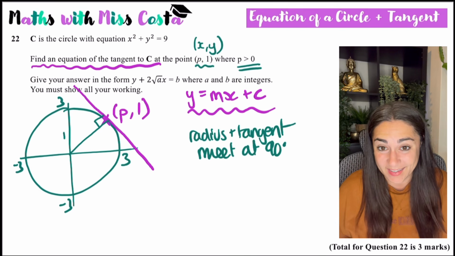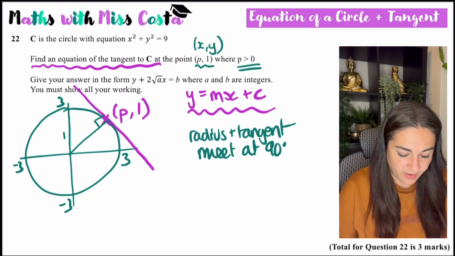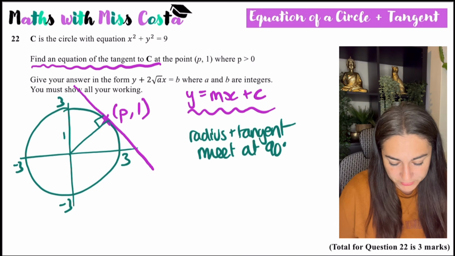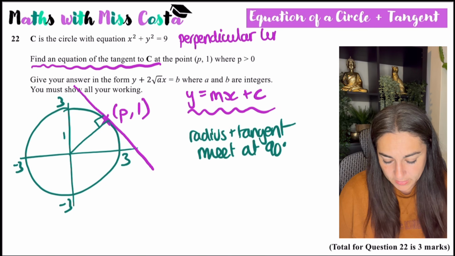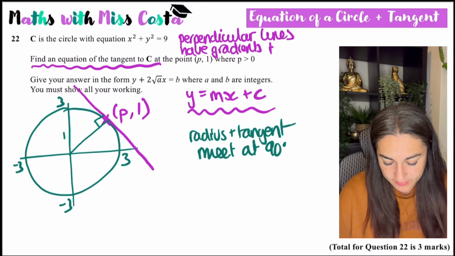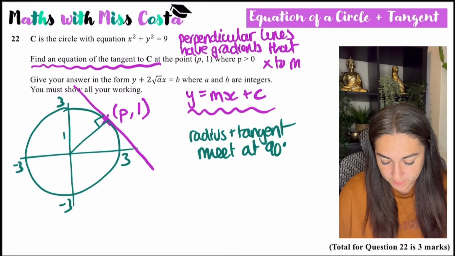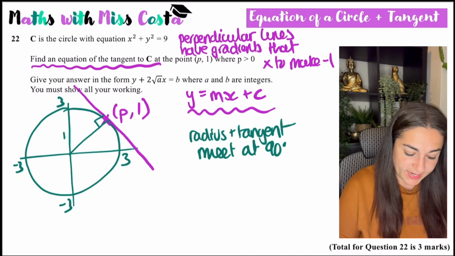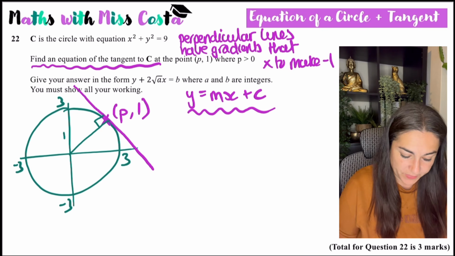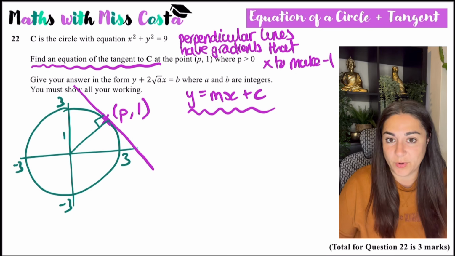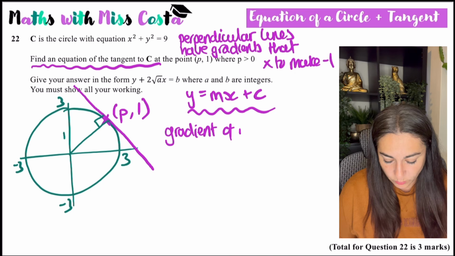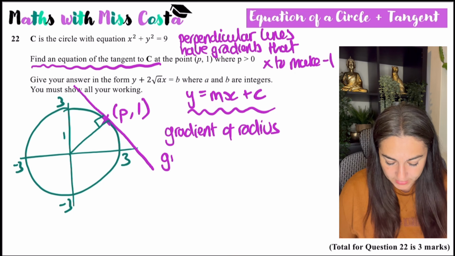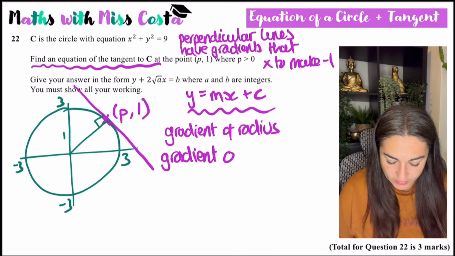We covered this earlier in this paper, but just a reminder, perpendicular lines have gradients that times to make -1, or another way of saying it is they are negative reciprocals of each other. So if I could work out the gradient of the radius, I could then work out what the gradient of the tangent must be. So is there any way I can do that?